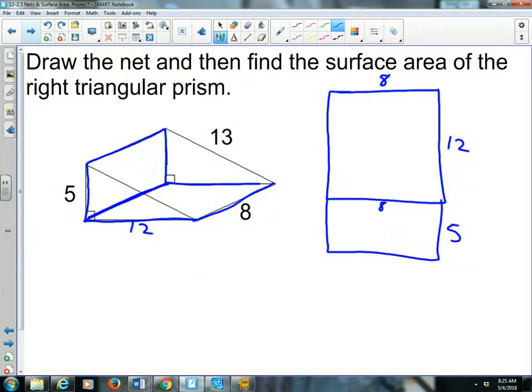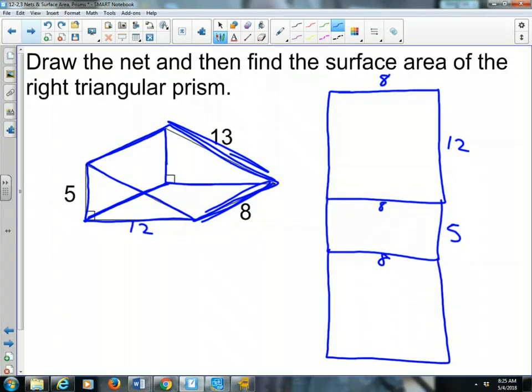And then I'm going to fold down this last rectangle, which is an 8 by 13. 8 this way by 13 this way. So another 8 by 13. So those are my 3 rectangles.